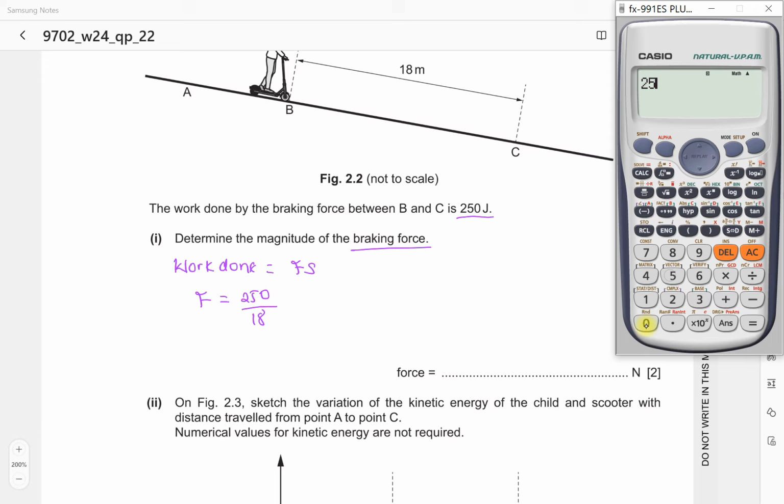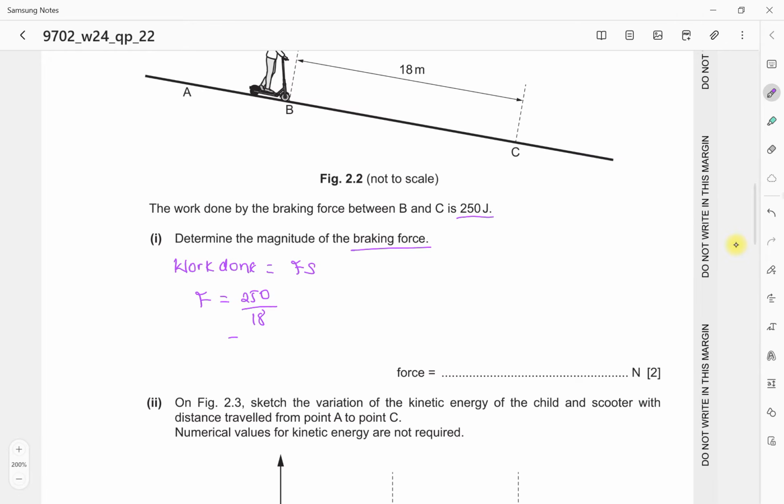So 250 divided by 18, that is 13.88 recurring, which is going to be approximately 14. So the force is going to be 14 newtons.